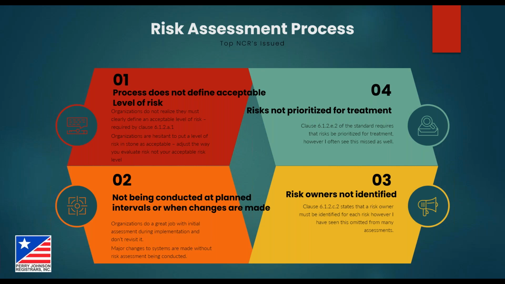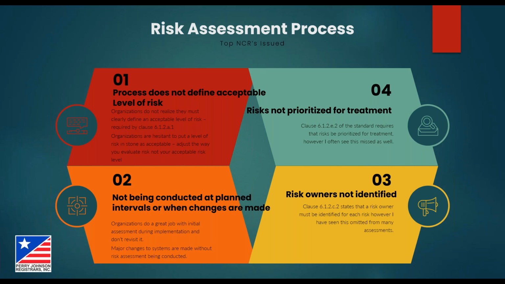So the first common NC I see in this area is that the organization has not defined its acceptable level of risk. There's a specific requirement in the standard, 6.1.2 A1, that you must clearly define an acceptable level of risk.